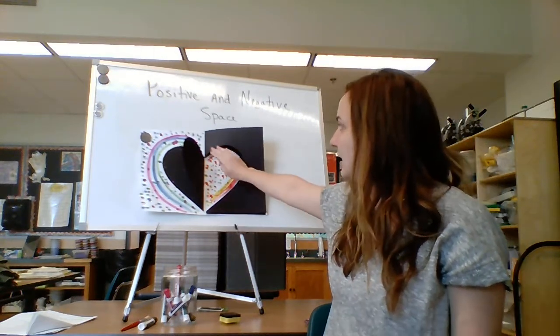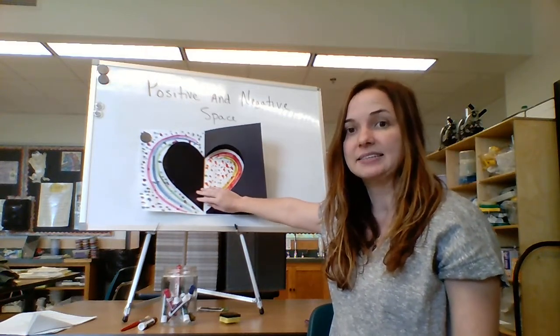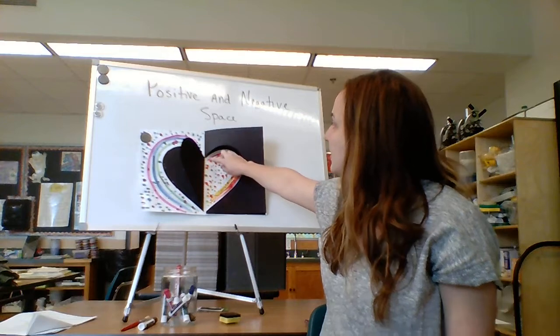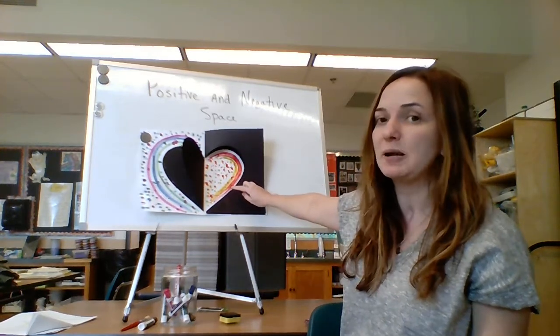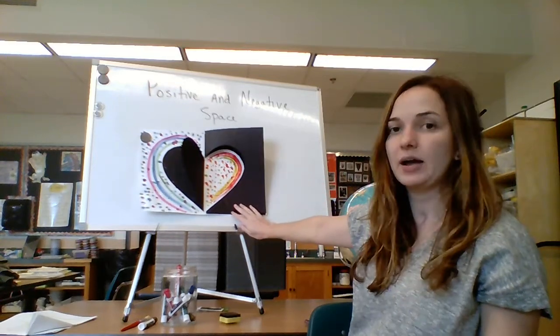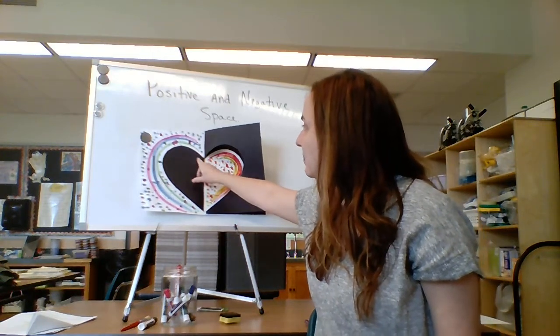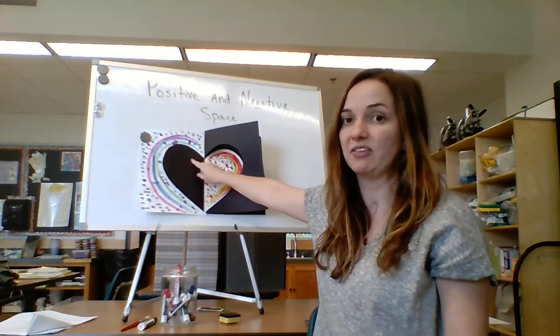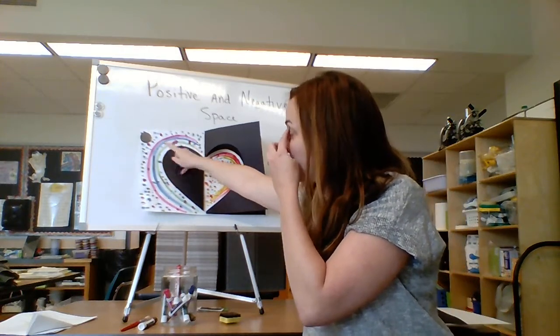The object in focus is this heart, like in this picture. So the positive space would be this half of the heart. The negative space would be the black construction paper around it. On this half of the paper, the positive space is the black construction paper, that's the half of the heart, and the negative space is the white paper that's around it.